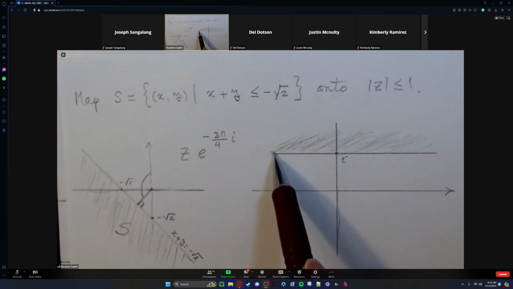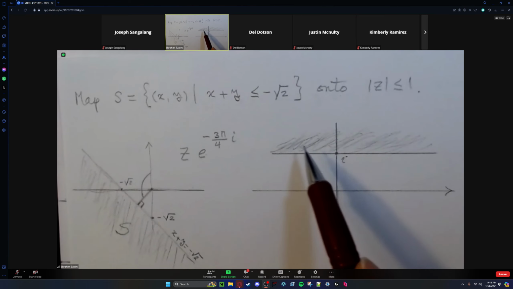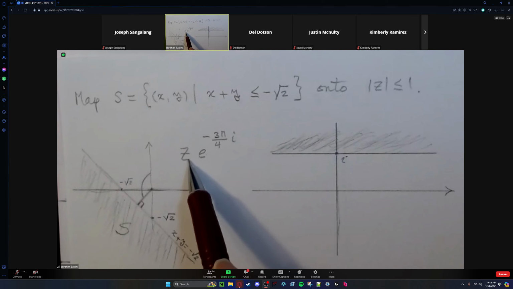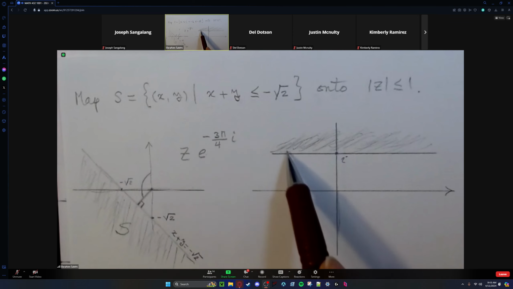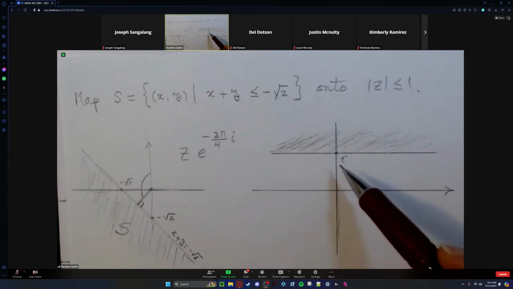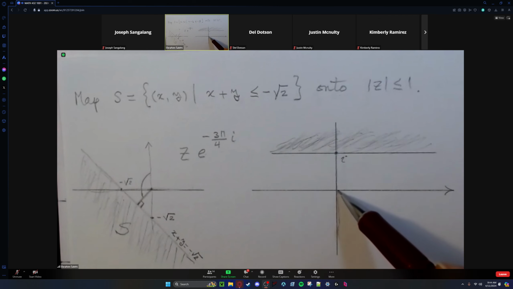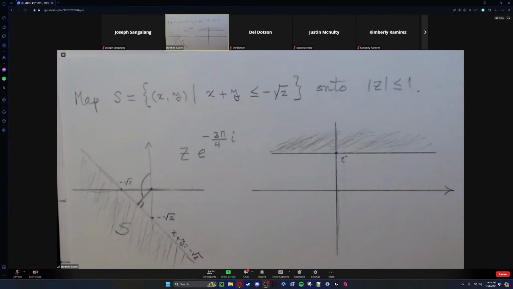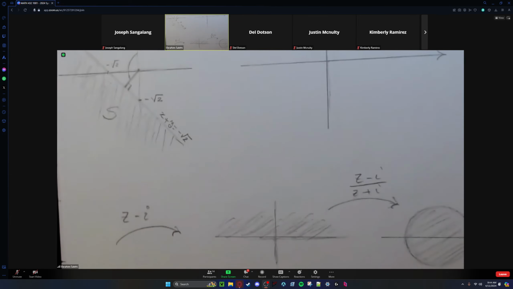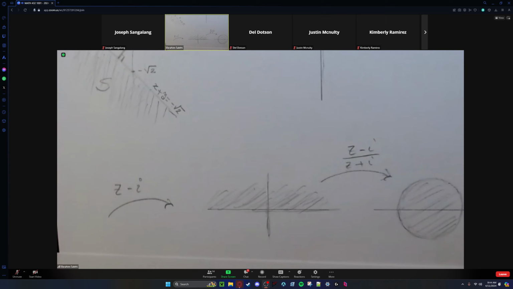So the first motion is the multiplication by this, which is a rotation. The next one, you bring it down, make it the upper half plane. You bring it 1 unit down, make it the x-axis here. And that is when, translating down, you just subtract i.